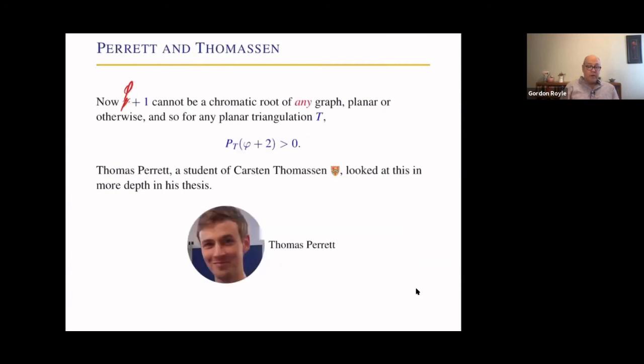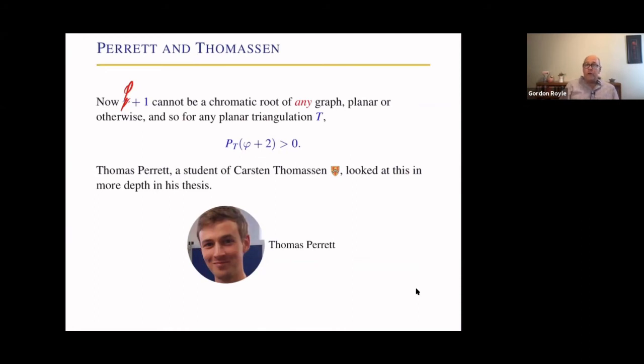So for any planar triangulation, if you evaluate it at φ plus 2, you get some positive number. So the chromatic polynomial of a planar graph will always hop up above the x-axis at φ plus 2, and then who knows what it does from there.